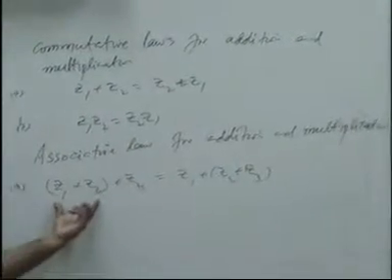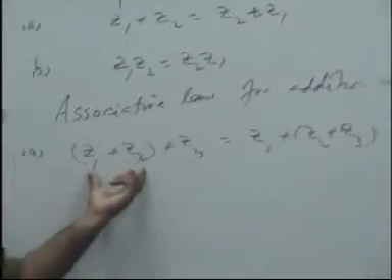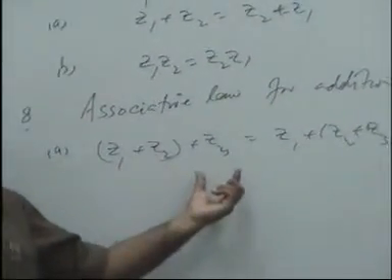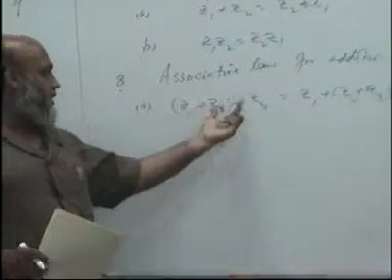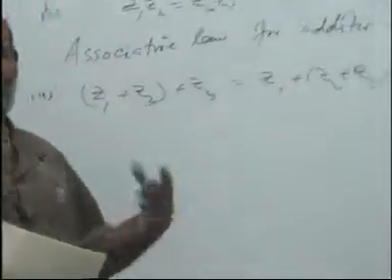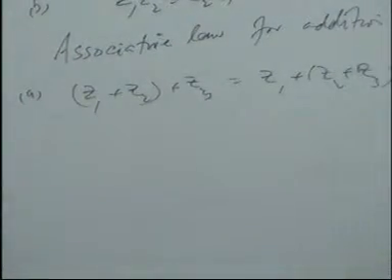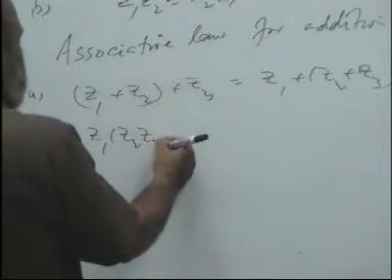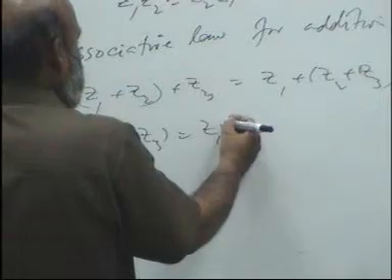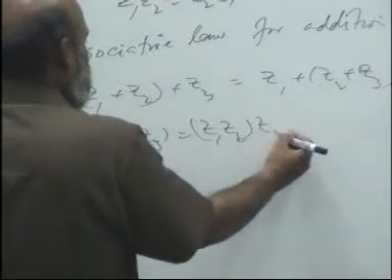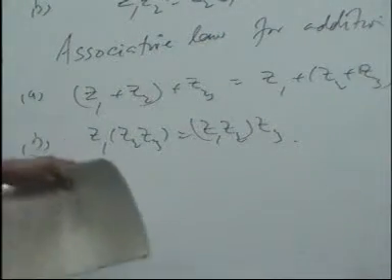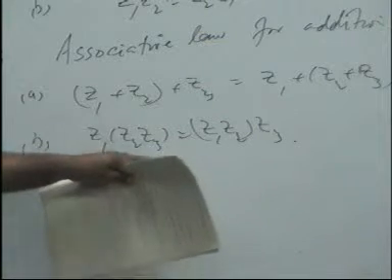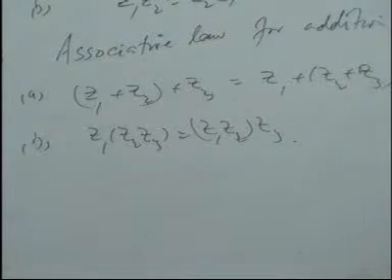That means first we add these two numbers, then Z3, or we add these two numbers first and then Z1, the answer will be the same. Similarly, Z1 into Z2, Z3 is Z1, Z2 into Z3. So this is associative with respect to multiplication, and this is associative with respect to addition.